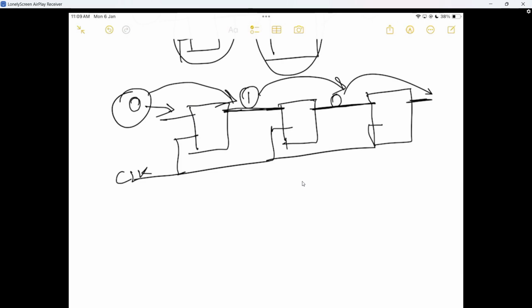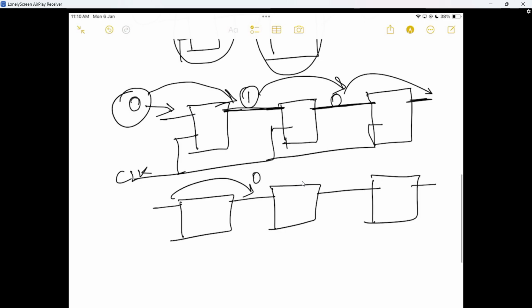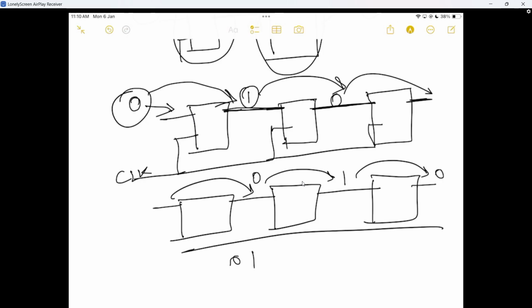So that's the way serial in, serial out type of shifting happens. This goes to 0, this goes to 1, and this goes to 0. So that's the way 0 1 0 is stored.